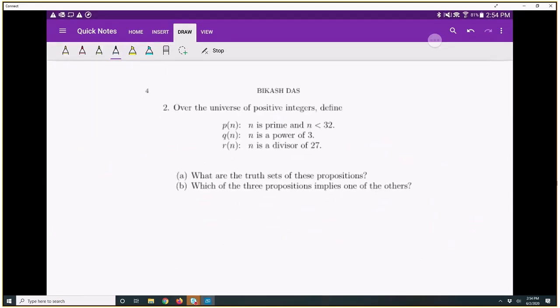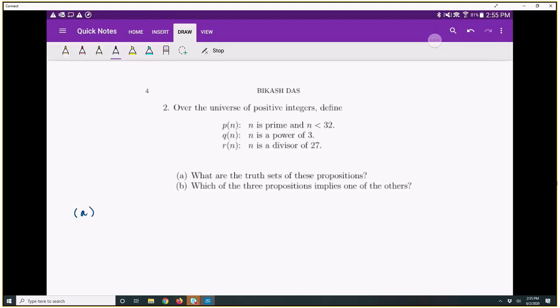In exercise 2, it says, over the universe of the positive integers, define P, Q, and R as given here, and then what are the truth sets of these propositions? So let's start with A. The proposition P is that n is a prime and n is less than 32.